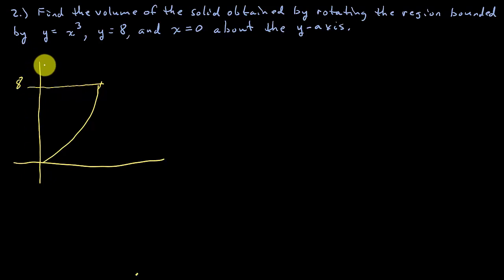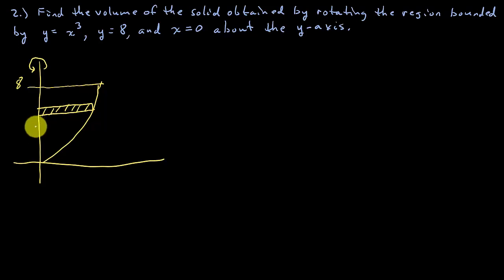Now I'm revolving it about the y-axis this time. So let's draw our rectangle in there. And remember what I mentioned in the video earlier: the rectangle is drawn perpendicular to the line you're rotating it about.